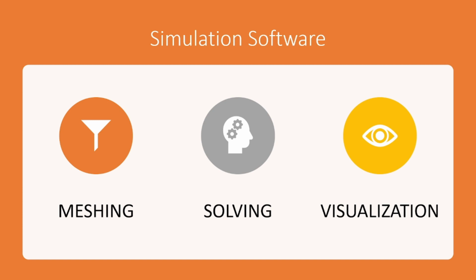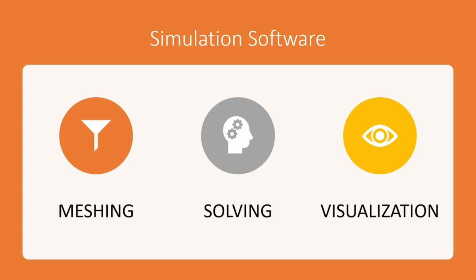Some of the features offered by simulation software include meshing. The software divides the cantilever beam into smaller elements or meshes to solve the equations governing the beam's behavior. The second is solving. In solving, the software solves the equations governing the behavior of the cantilever beam to determine its response to external loads.